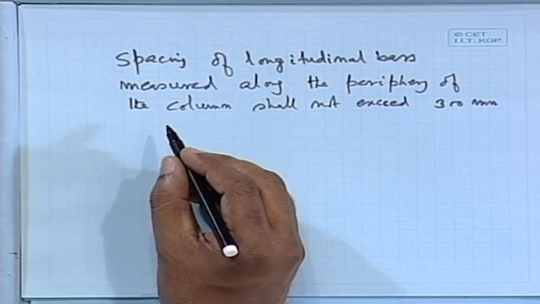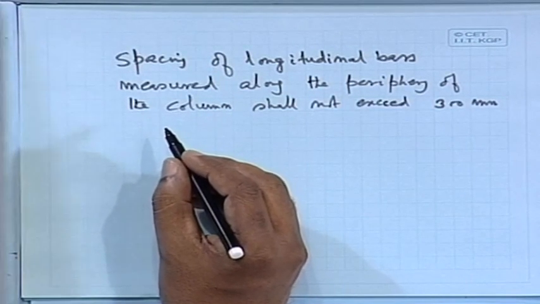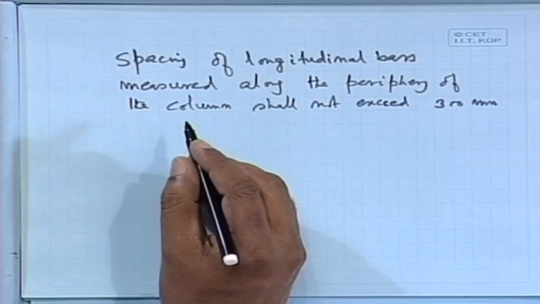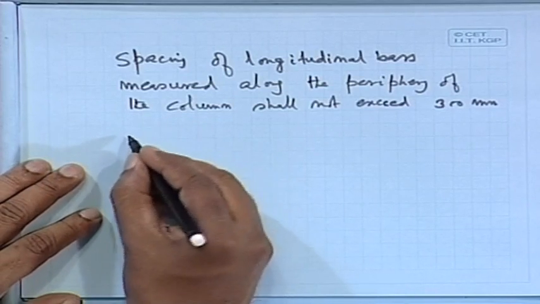Similarly, you cannot provide an 8 millimeter bar diameter, or even 10 millimeter, we have to provide 12 millimeter. So, this is your case. Now, I shall tell you regarding lateral ties.